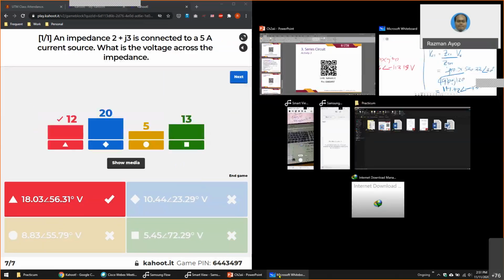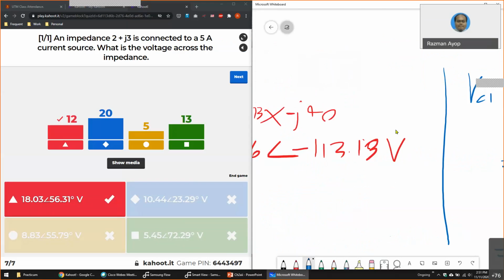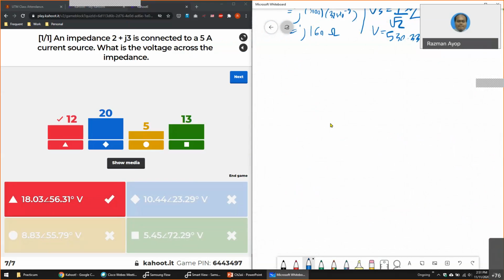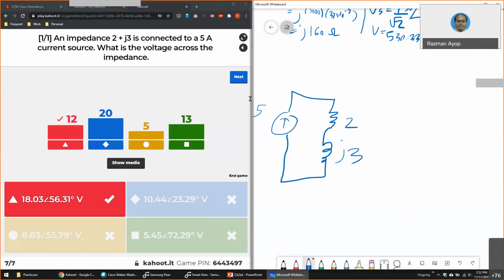So how to do this? Let me draw this. Basically an impedance is connected to the 5 ampere current source. We have an inductor because the impedance is positive, J3, this one is 2, this one is 5. So if they give only this value, automatically the angle is 0 degree.